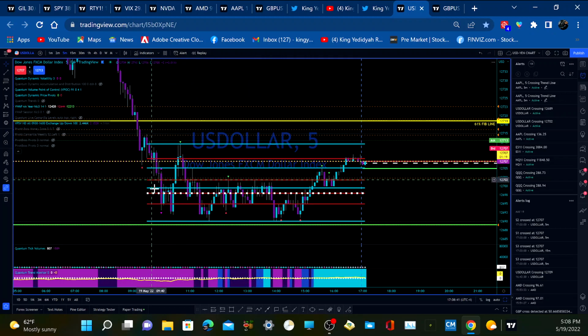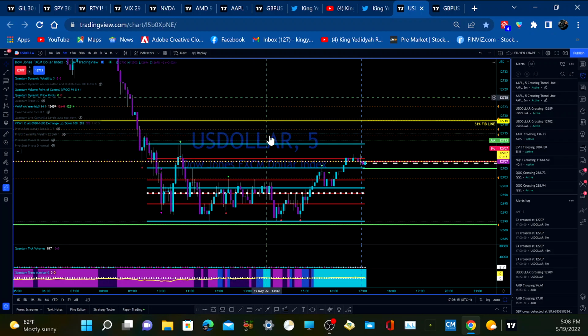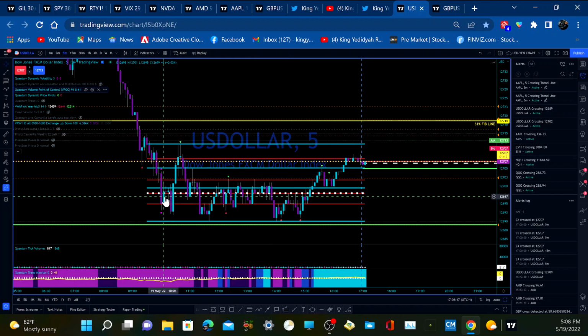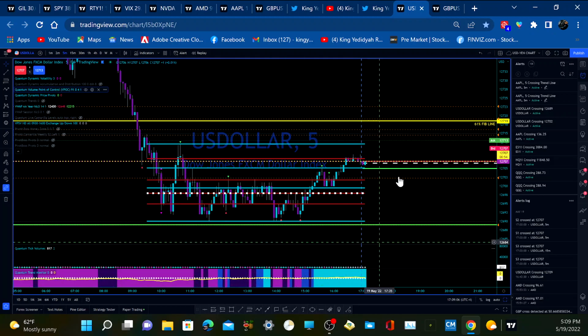Instead of just popping up right here and going right back up, it usually fails and comes right back down. But when you get this sideways movement and then you start getting this breakout, that's part of the Wyckoff theory, the accumulation and distribution phase. And this to me is a textbook accumulation phase, right?